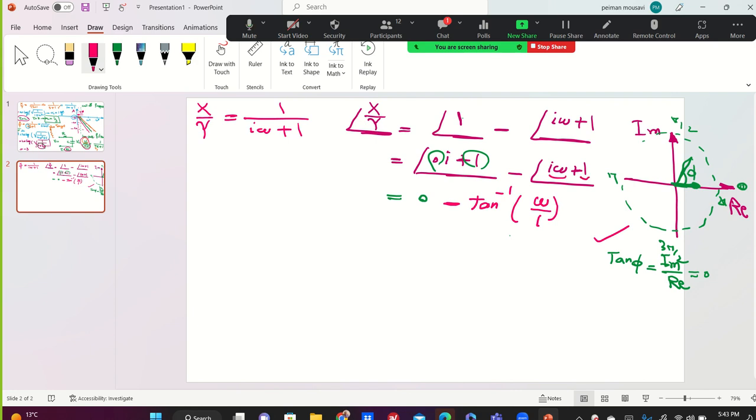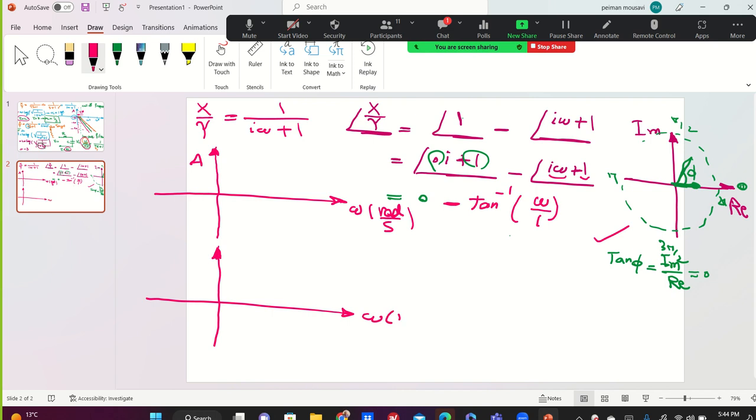Understand everyone? Yes? So what I'm going to do, let me plot this omega. This is radian per second. And now I'm plotting as MATLAB does. I'm going to do that today for you.